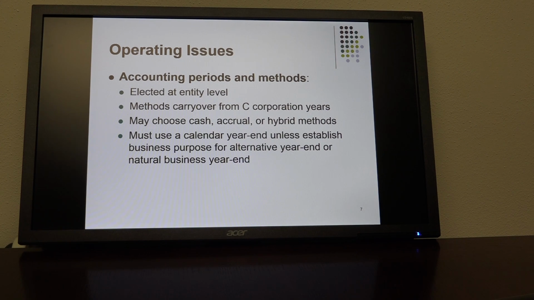And an S Corp can choose as their method of accounting either the cash method, accrual method, or if they have inventory, they're required to account for that inventory using the accrual method. Everything else they can account for using the cash method. So that would be a hybrid method. And again, S Corps must use a calendar year end unless they can prove to the IRS that an alternative year end or a natural business year end would be a more appropriate year end.